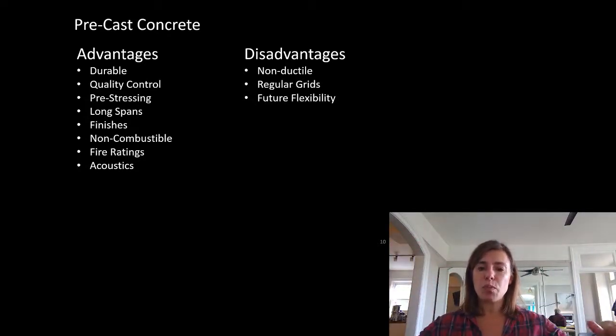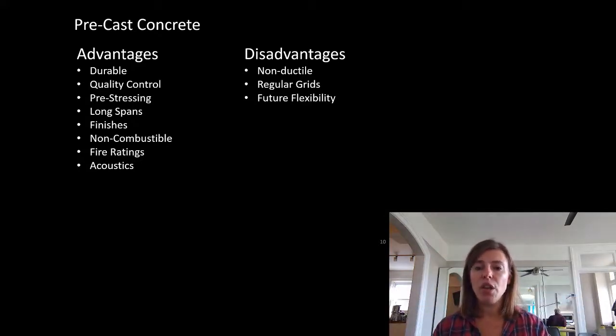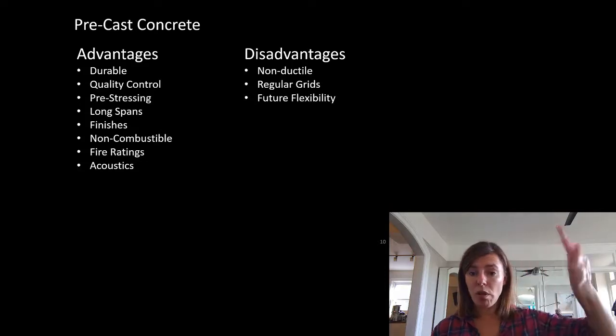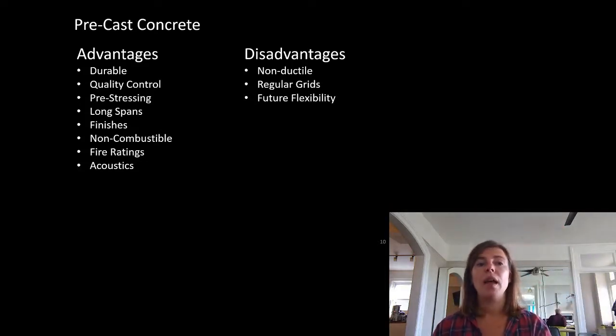If we have this pristine, smooth surface that we're casting our concrete on, you are going to get the most gorgeous surface finish you can imagine. So often precast might be used to be the actual edge that you see as your beautiful finish. It, like concrete, is non-combustible, has good fire ratings, and can have good acoustics.